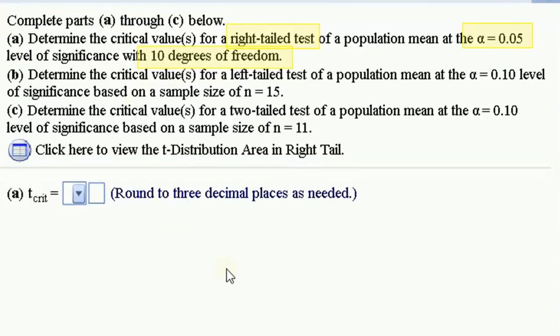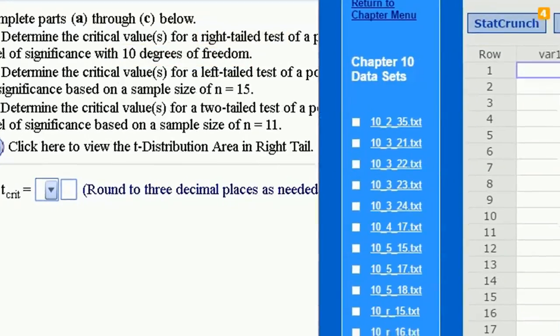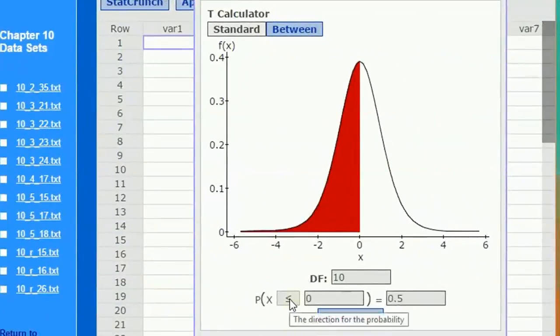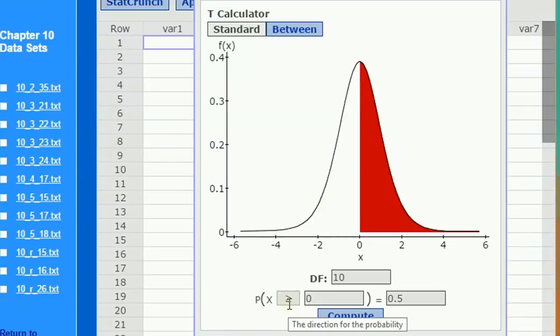So the first one, I'm looking at the critical value for a right-tailed test for a population mean at alpha 0.05 with 10 degrees of freedom. So degrees of freedom is set to 10 coincidentally by default, but I want to do a right-tailed test. So I click this to be greater than or equal to, and now I'm going to set my alpha level.